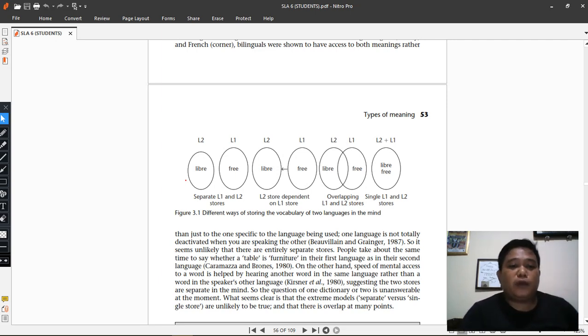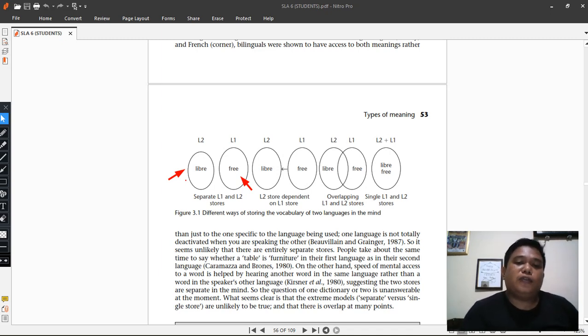In the first one, separate first language and second language stores, here you have the second language store, and here you have the first language store. So you have a different store for each language. This is the best one, I think, and also they think. Okay, so you may have your own opinion about this. It's up to you, and you may consult me later.